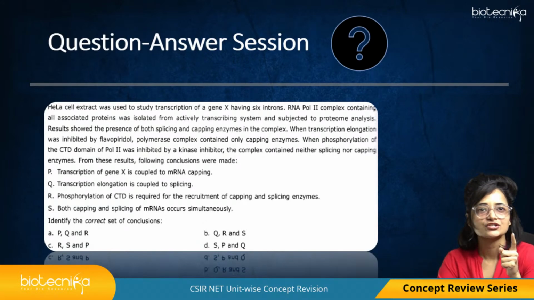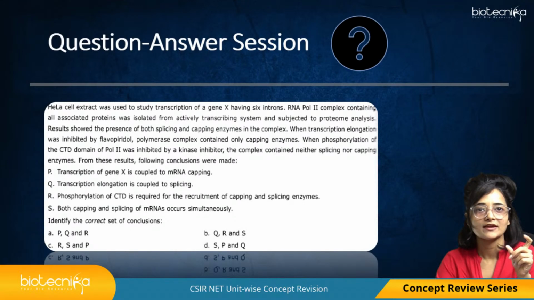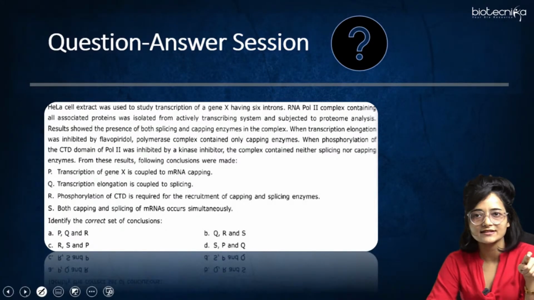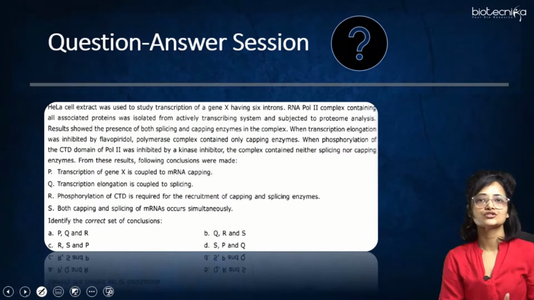When the phosphorylation of the CTD domain of Pol II was inhibited by a kinase inhibitor, the complex contained neither the splicing nor the capping enzymes. Now you have to tell, from these results, the following conclusions were made.